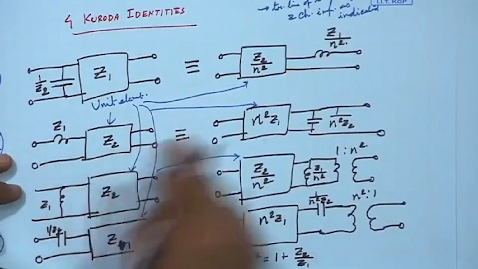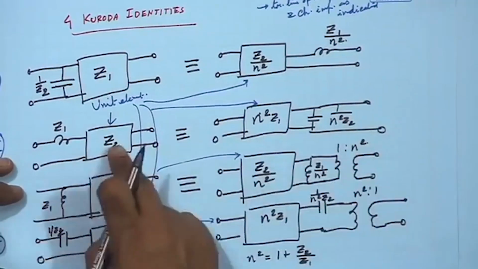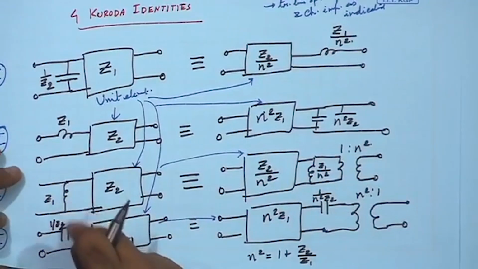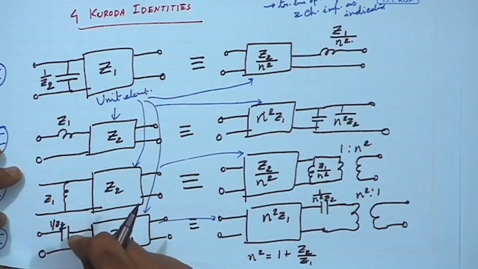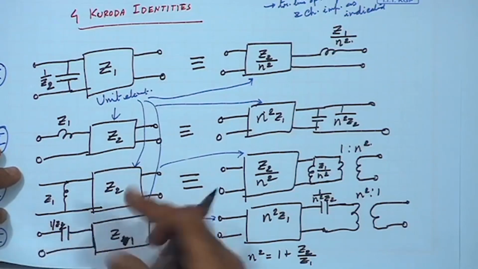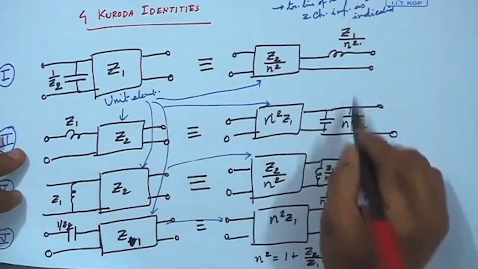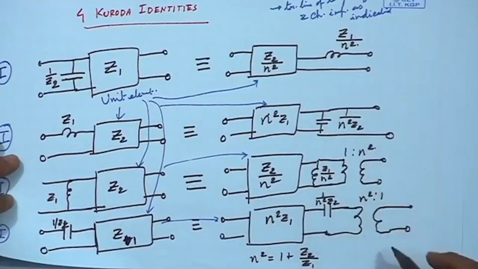Similarly, if you have this, you can use this. These two are also popular and sometimes we use them, but inductances are generally not in this fashion, except in some band pass filters. For low pass and high pass we generally have this type of thing. So, you can use these two identities, and you can always refer here.